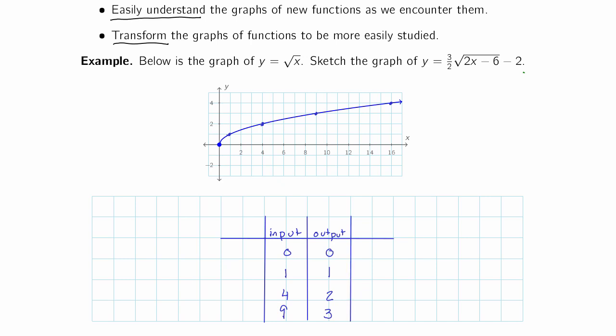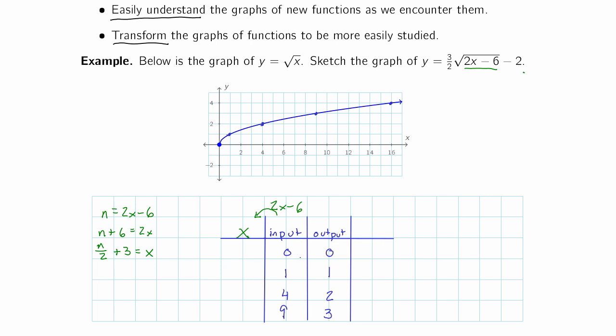And next, from our input, we want to go back and find our x values. So the input of our transformed function is 2x minus 6. So our input plus 6 is 2x. Divide that through. Half the input plus 3 gives us our x value. So let's see.